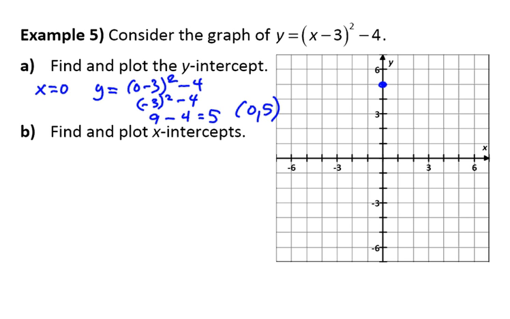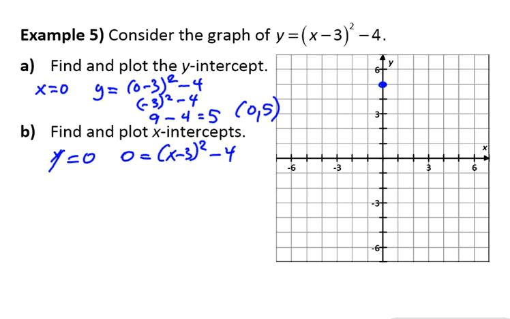Now we're going to do the same thing. We're going to find and plot the x-intercepts. So that means that we're going to let y be equal to 0. So we're going to have 0 is equal to, should be an x, x minus 3 squared minus 4. All right, so this time, I need to figure out what x is.